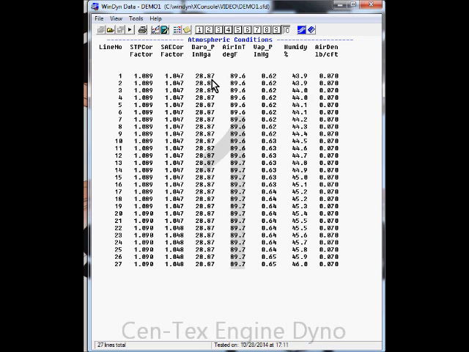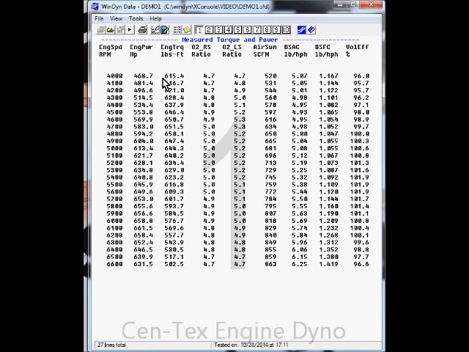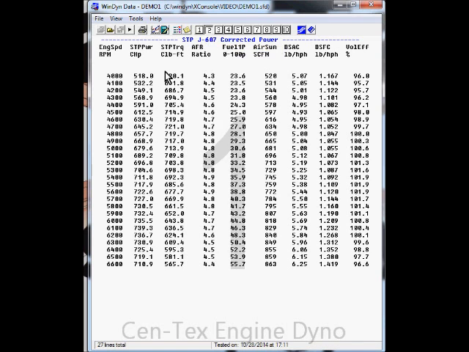Because we have less air pressure, a higher air temperature, which is less dense, and humidity, which is water in the air, in order to correct it back, we have to multiply the observed horsepower times the correction factor to come to a standard, i.e. you take the observed horsepower, which was 468.7, multiply it by 1.08, and you'll come up with 518.